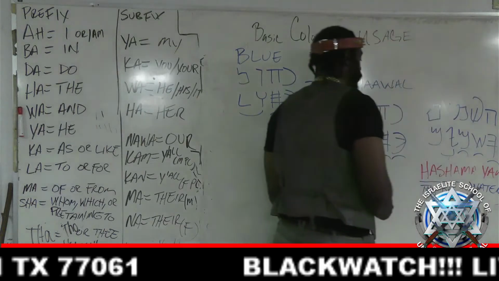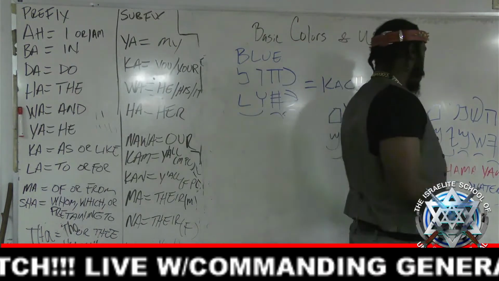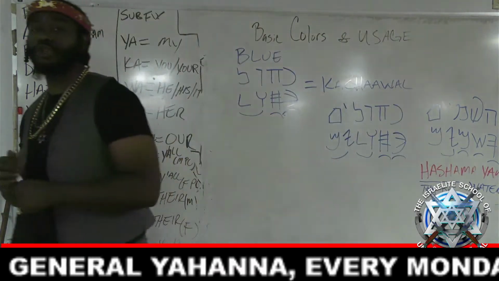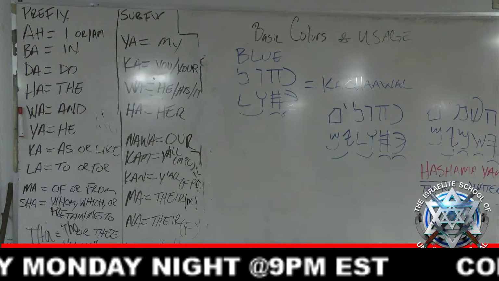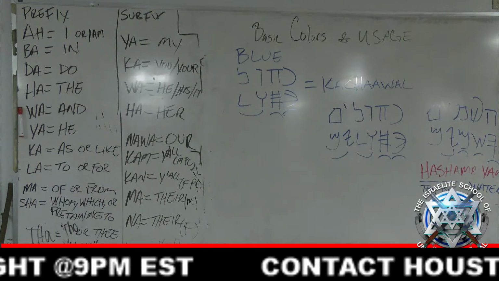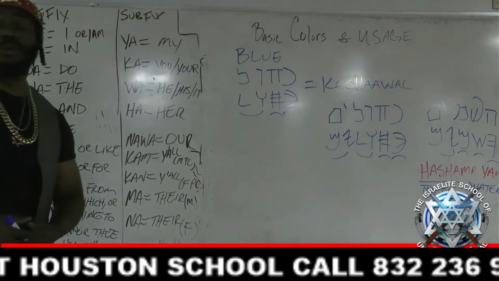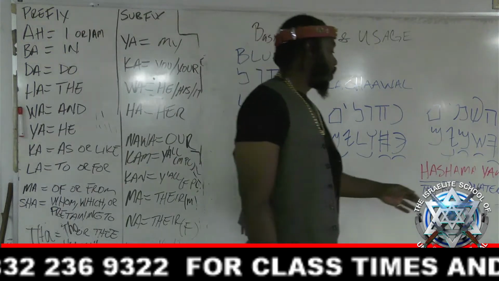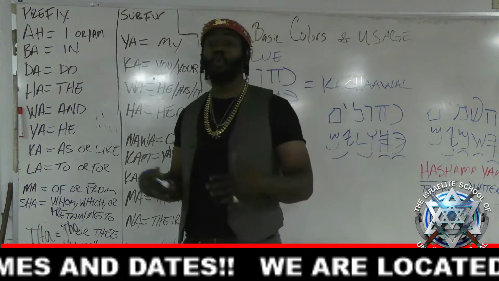Now, this word is a trick word. It is two words in one. Mayim in the Hebrew is waters. Shamayim in the Hebrew is heaven. So the sh makes it pertaining to waters.